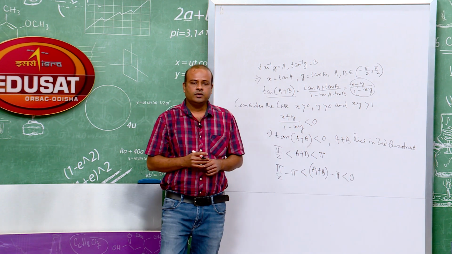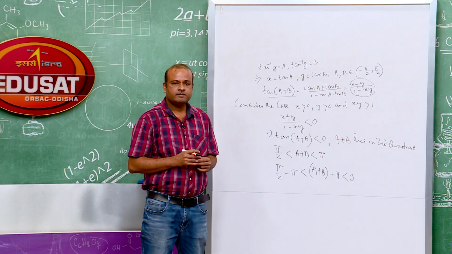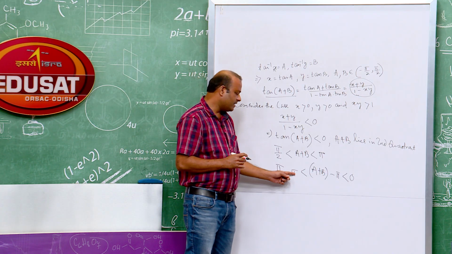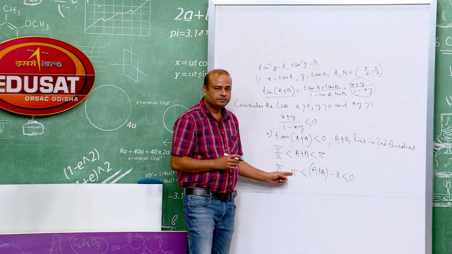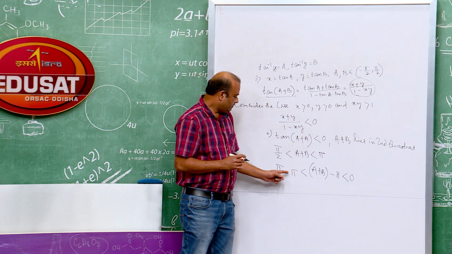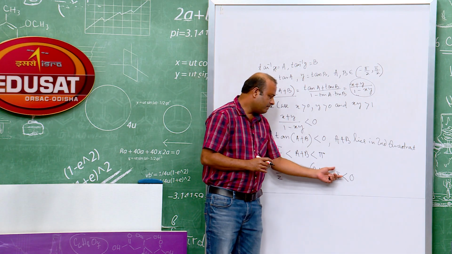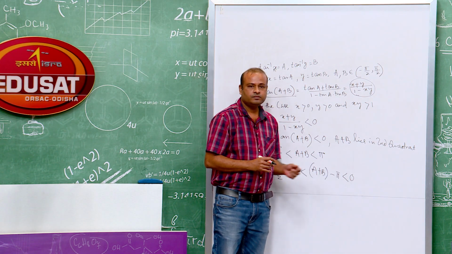That is, minus pi by 2 is less than A plus B minus pi less than 0.